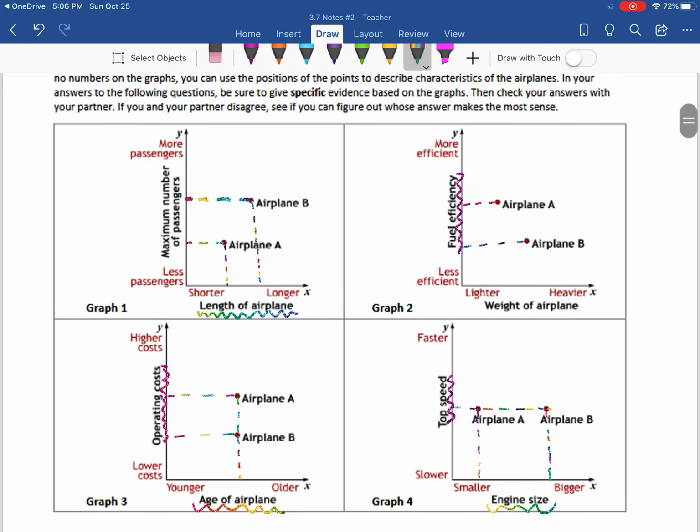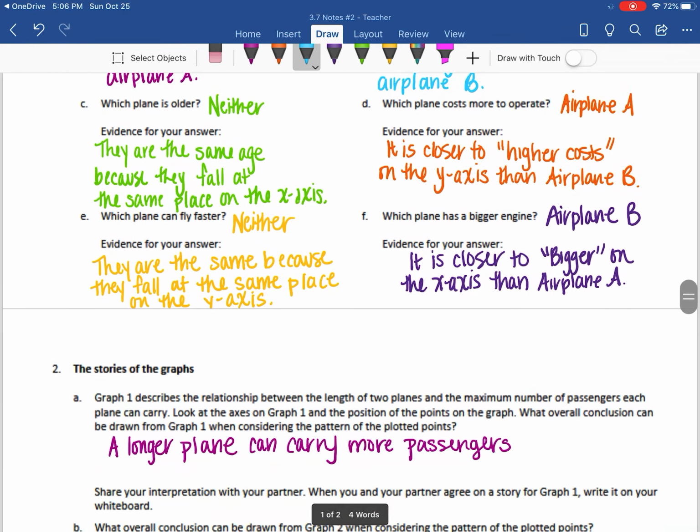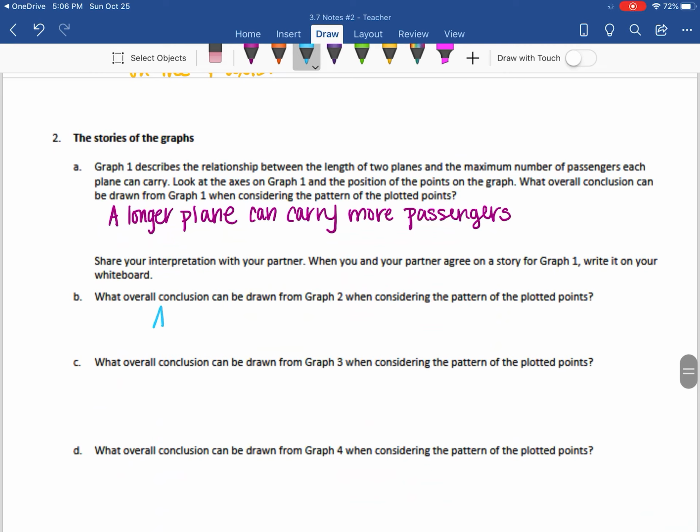So let's look at graph 2. We are looking at the weight and the fuel efficiency. Okay, so looking at airplane A, it is lighter and more fuel efficient. So the conclusion that we can draw is that a lighter plane is more fuel efficient.